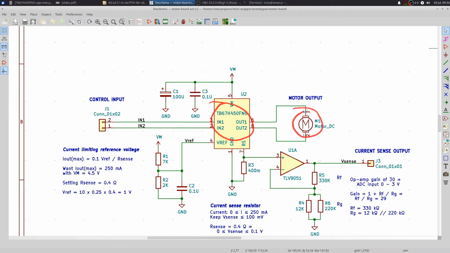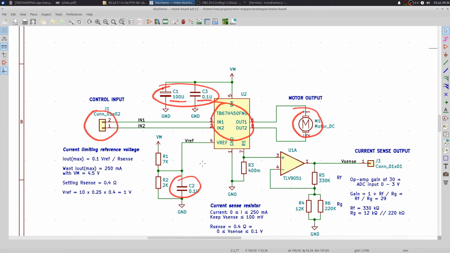I've represented the motor as a motor in the schematic. The footprint that I'll use for this will probably be the kind of connector that we're going to connect. And similarly, I've just used a generic connector here for the inputs. You can see the bypass capacitors, 100 microfarad and 0.1 microfarad, which is what's recommended in the application note. There's a bypass capacitor for this reference voltage input here, 0.1 microfarads.